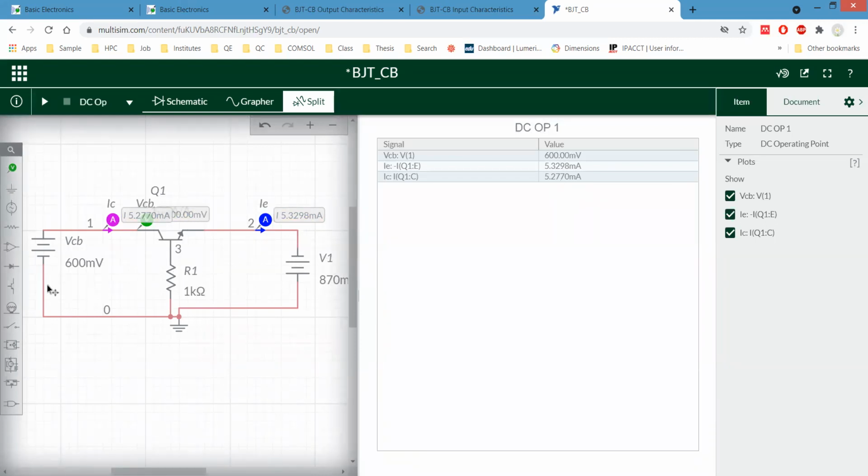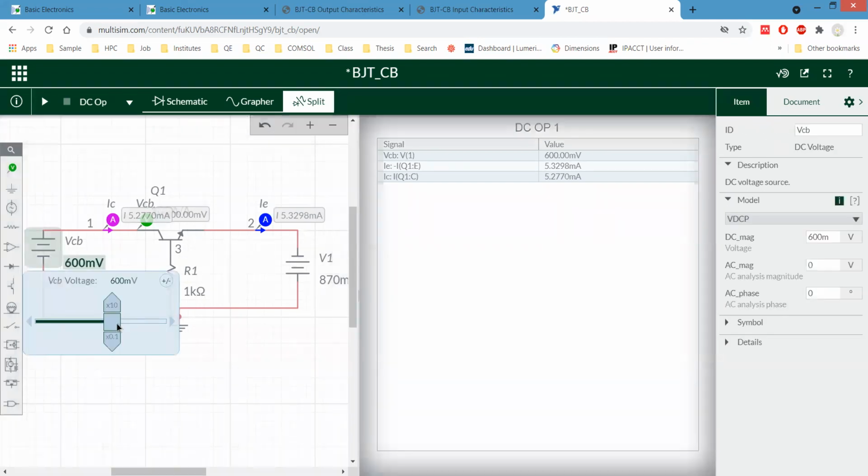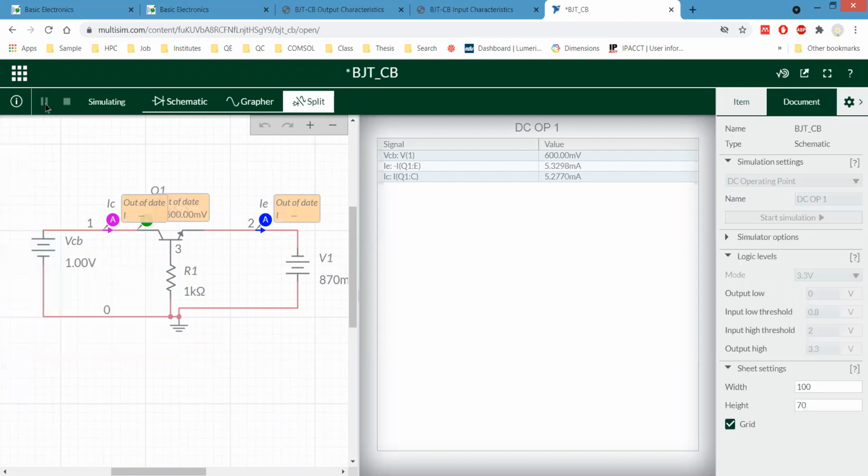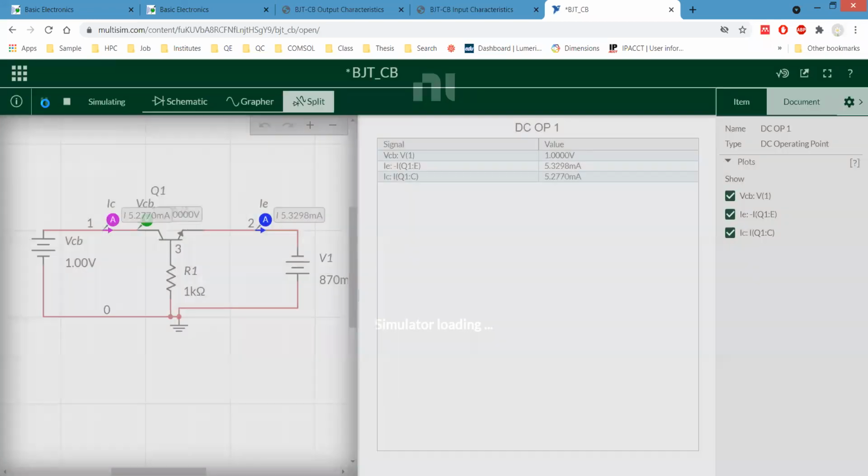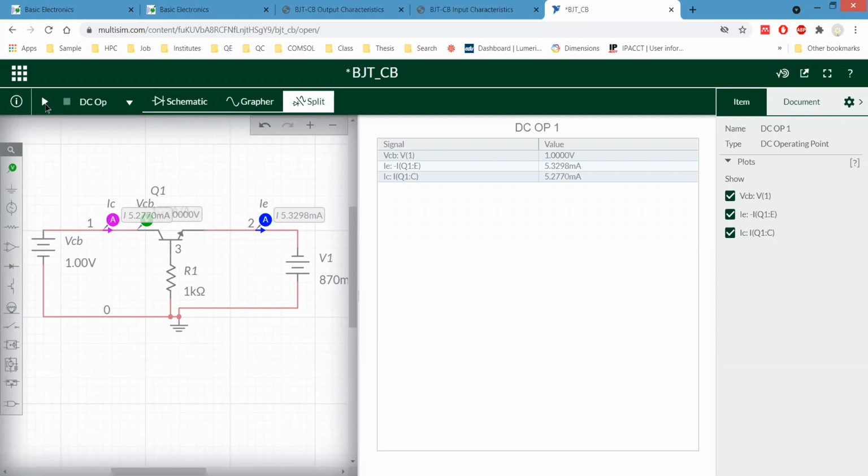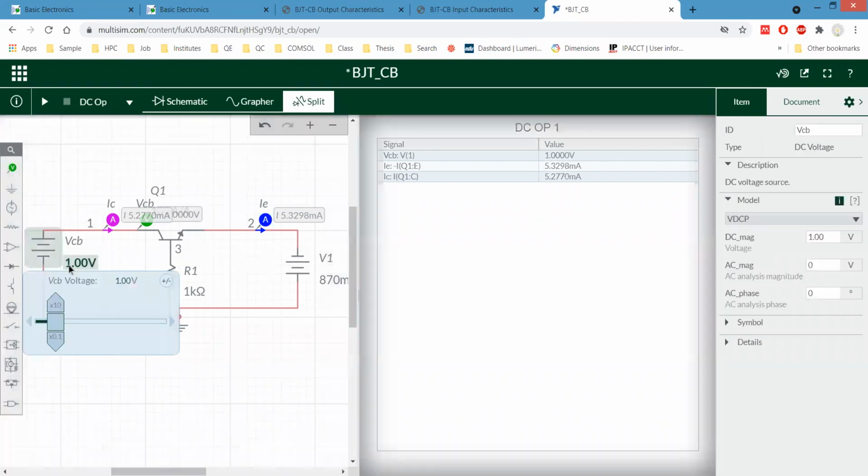Now if we increase the value to 1 volt, then the current IC is 5.277 milliamperes. Sir, it is the same for 3 values. Same IC value? It is the same as at the start.